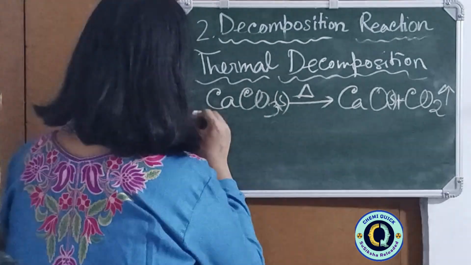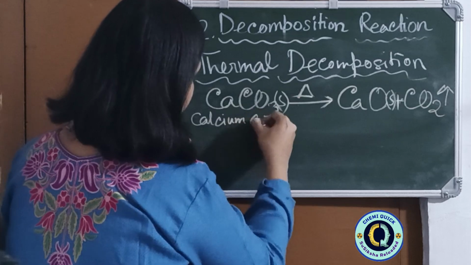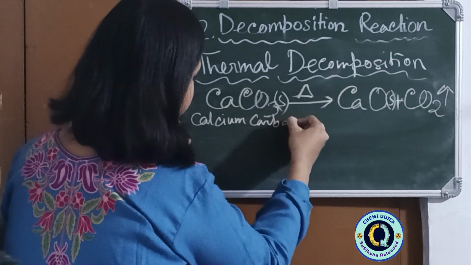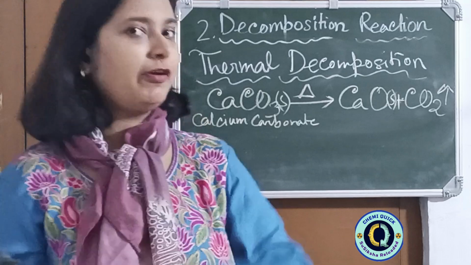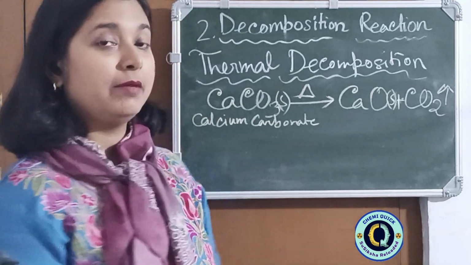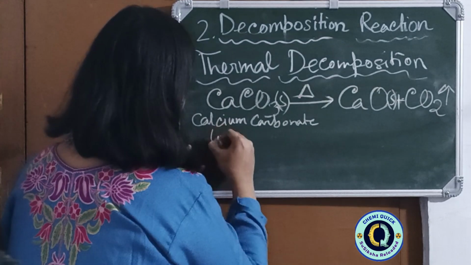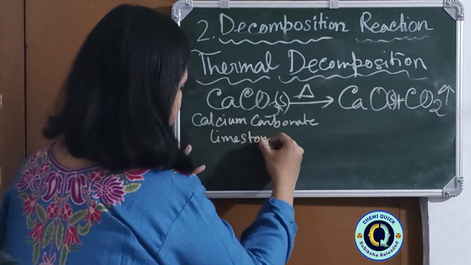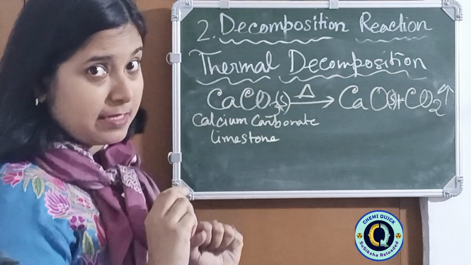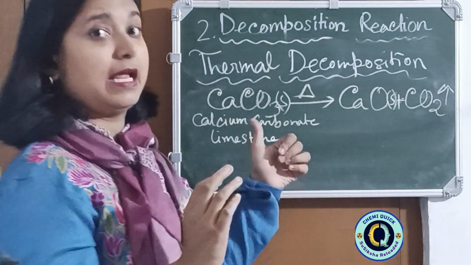Now, this calcium carbonate has a very significant role in nature. It has many names. One, limestone. Stalactites and stalagmites are all made of limestone. That limestone is nothing but calcium carbonate.